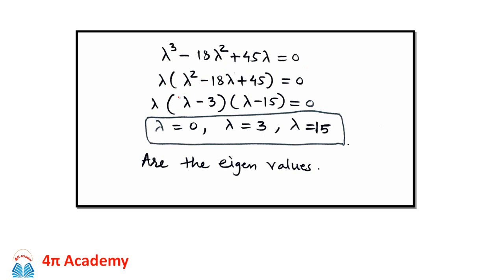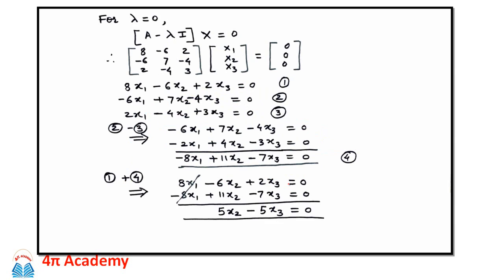So this lambda is taken as common, and then we find the roots of this equation. So we get the roots as lambda minus 3 into lambda minus 15, and it should be equal to 0. So we get the roots as lambda equal to 0, or lambda equal to 3, or lambda equal to 15. These are our eigenvalues.